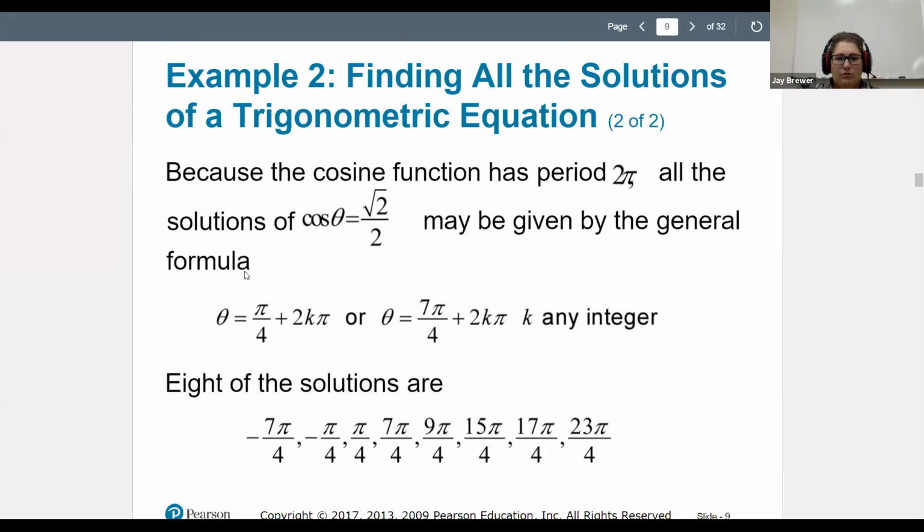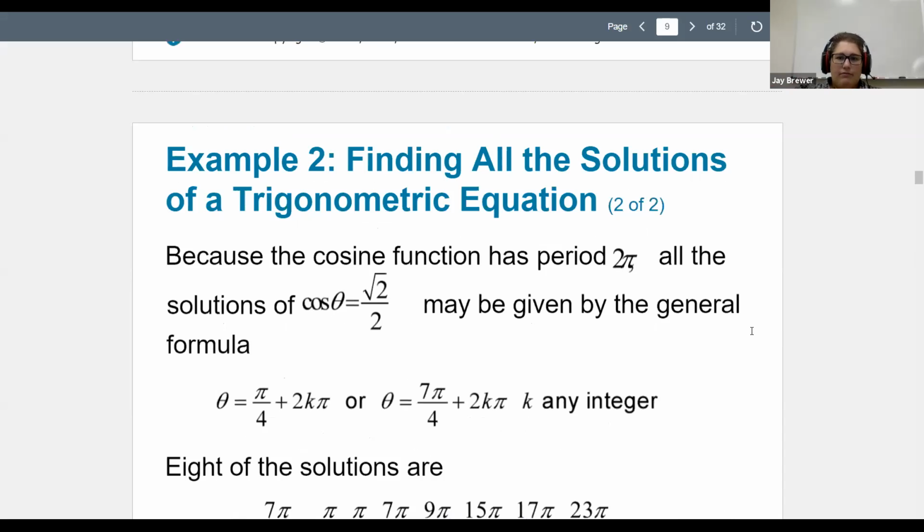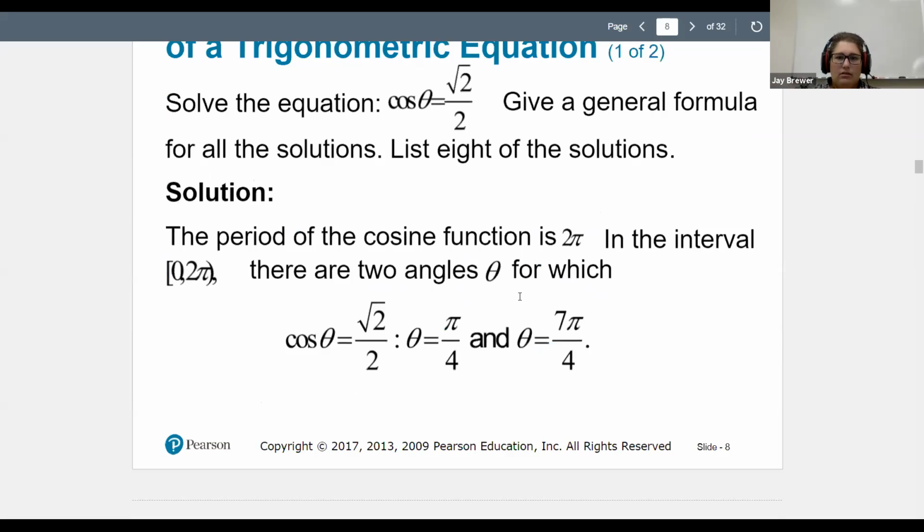So here it shows you a really nice formula. You probably want to write it down. If theta equals pi over 4 plus 2k pi, or if theta equals 7 pi over 4 plus 2k pi for k being any integer. However, did it say just the first 8 or did it say any 8?